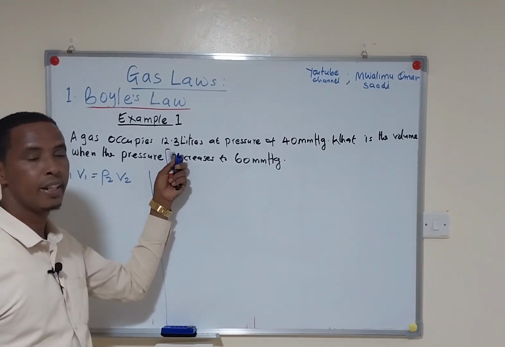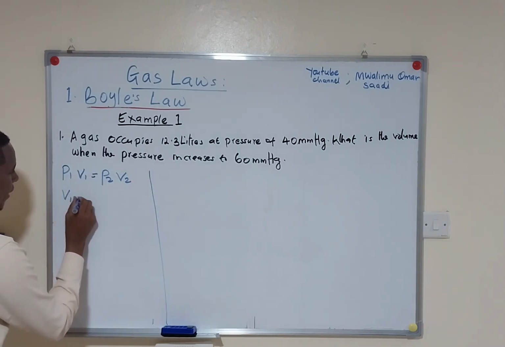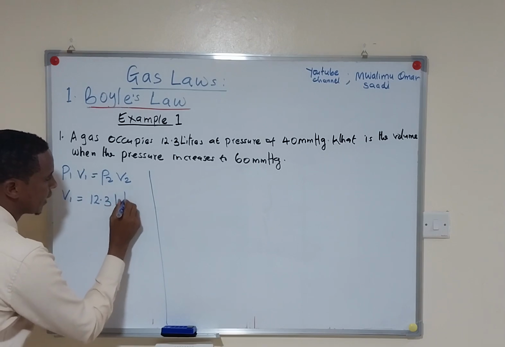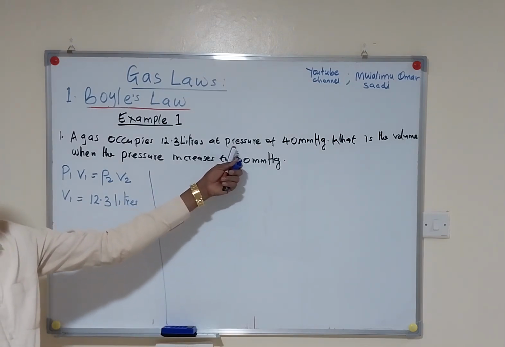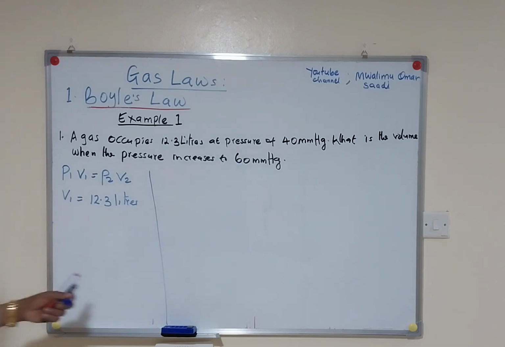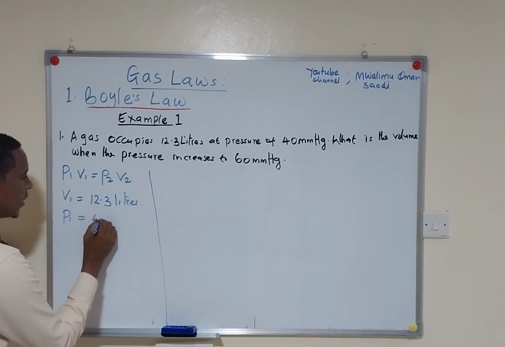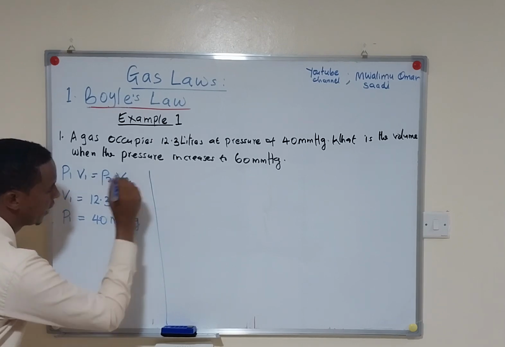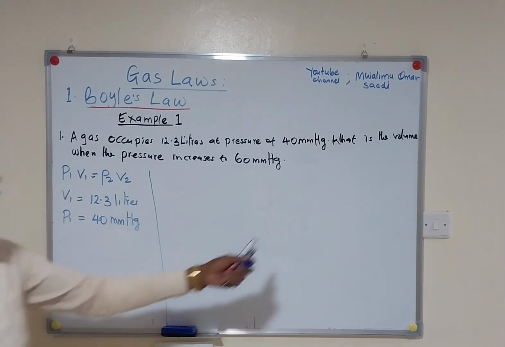Our V1 is given, 12.3 liters. Our P1 is 40 millimeter mercury. And then we are asked, what is the volume?